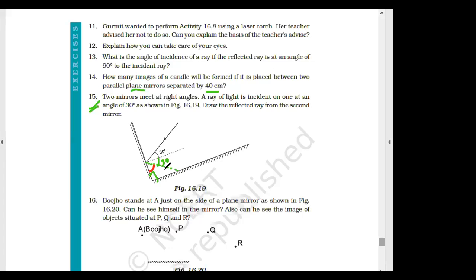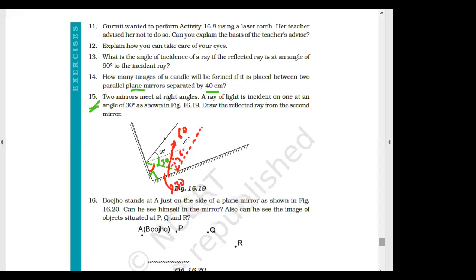60, right? Then what is this angle? 30. Now we know that the normal will be this. So if this is 30, this is 30, then the angle of incidence for the second mirror will be 60 degree. So it will come out at 60 degree.